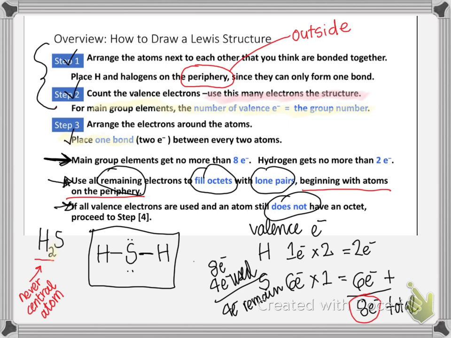Count up how many electrons it takes to do the single bonds, and then you'll have some left over usually, and then you place the leftover ones on the elements so that everyone has 8. You'll start by placing on the periphery and then the center. In our example, the periphery was hydrogen, so it was already satisfied, or what I say is happy, and so then we went right to the center. All right, so let's try another example.